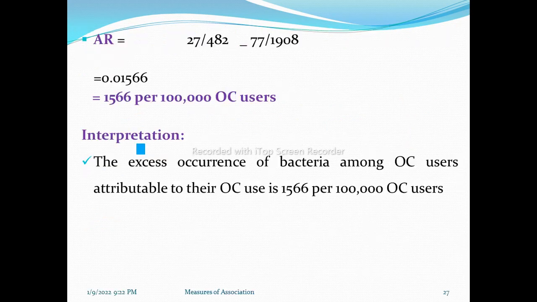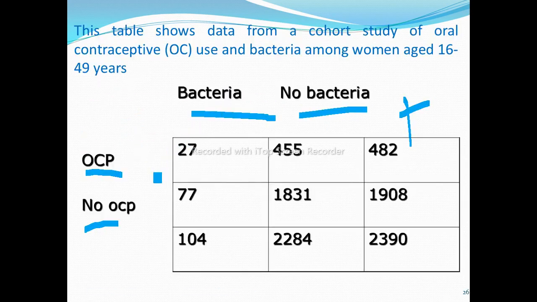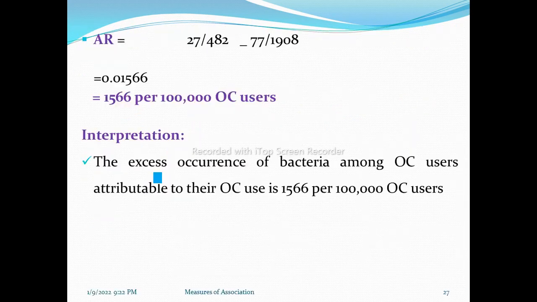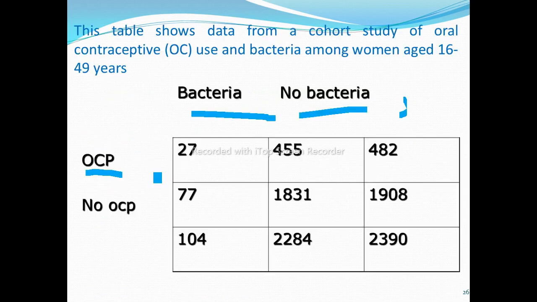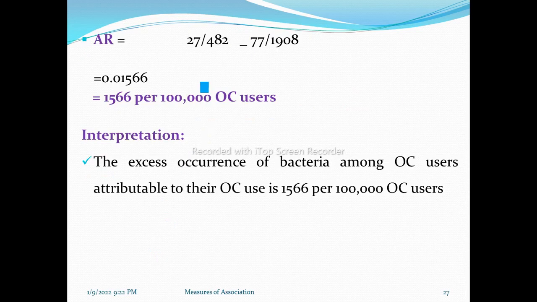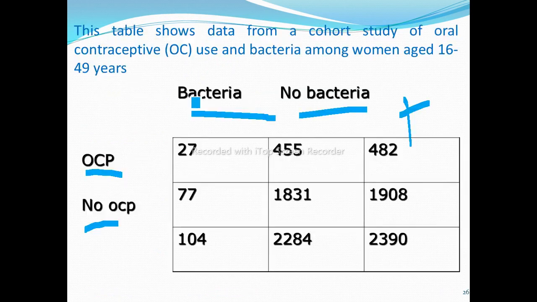So this is the question. How do you calculate attributable risk? The formula is incidence in the exposed group minus incidence in the non-exposed group.